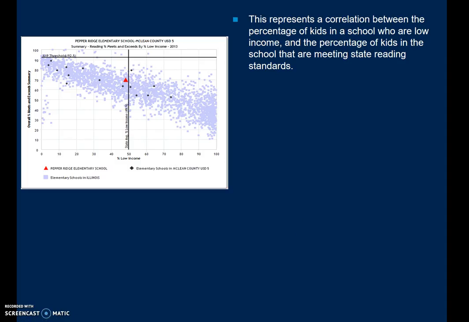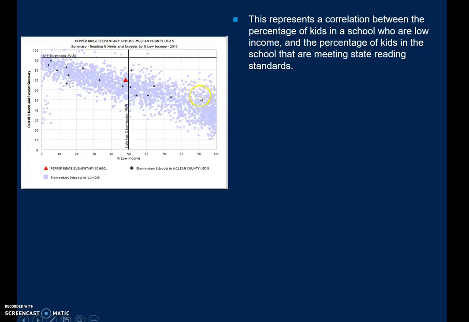Well, one thing we can say is that in general, schools that have a higher percentage of low-income kids, so you look at all these schools down here in this area who have a high percentage of low-income children, those schools tend to have lower reading achievement scores.